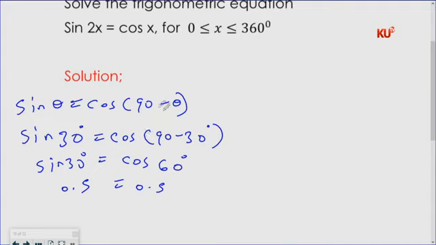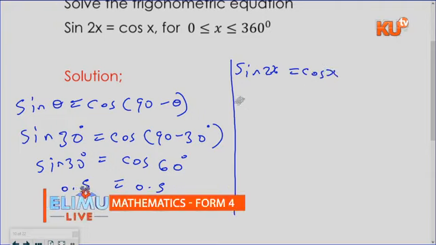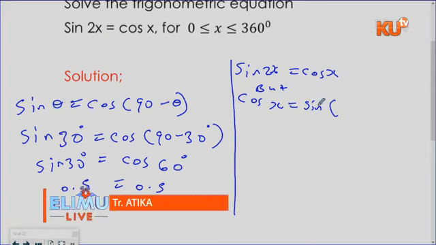Now we are going to borrow this knowledge to solve this question. Let's get back to our question: sine 2x should be equal to cos x. Look at this cos x. I've just given you the concept: cos x is equal to sine of (90 minus x).